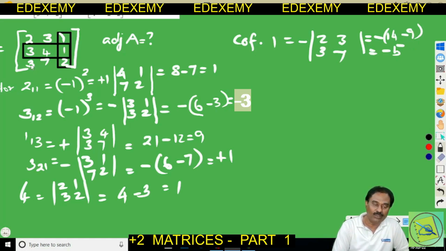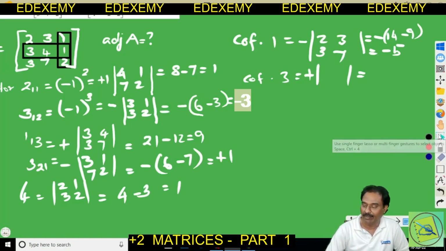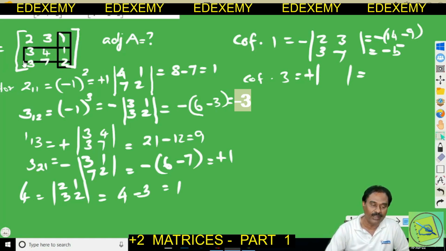The next number 3, third row, first column. Cofactor of 3 is equal to plus. The previous one is negative, therefore this is positive. Determinant of, what are the numbers left here? We will shift this row to here.